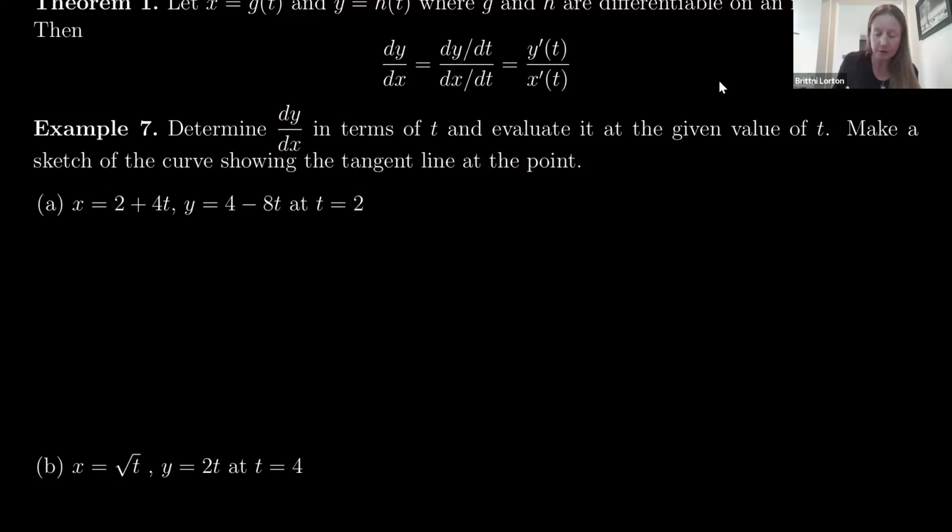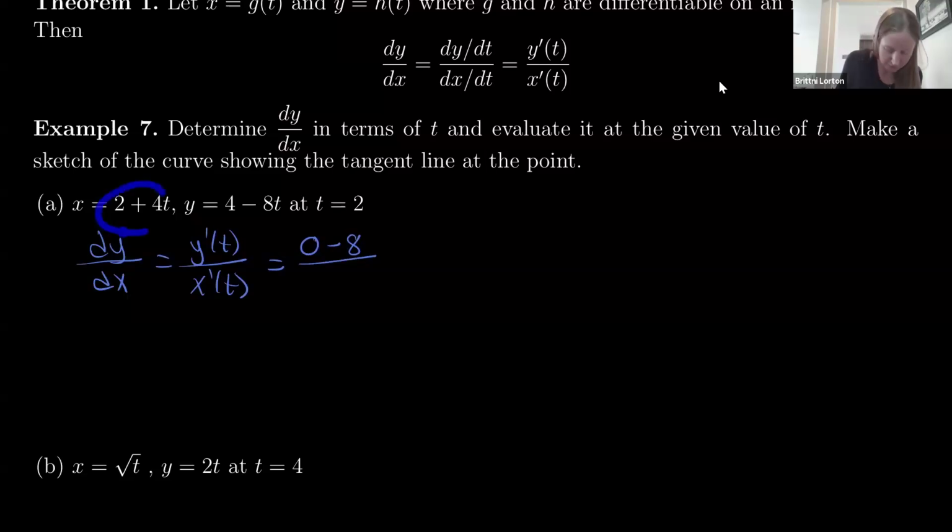So first thing I'm going to do is just find the derivative, and the way we do this is dy/dx is equal to y prime of t divided by x prime of t. Our y prime in this example is going to be the derivative of 4 minus 8t, which is 0 minus 8.